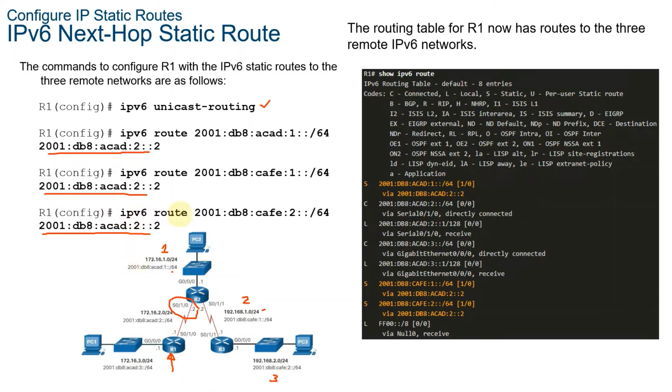That would be ipv6 route 2001:DB8:CAFE:2::/64, traversing via 2001:DB8:ACAD:2::2. After defining these routes, you might want to visit the routing table. The command would be show ipv6 route. If you observe here, we can already see the three remote networks we just defined using the ipv6 route command.